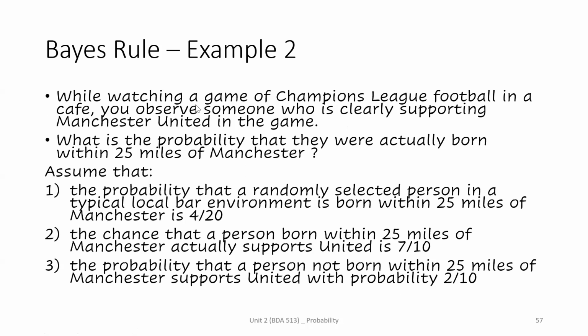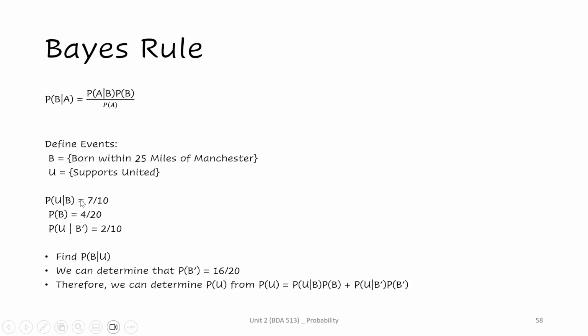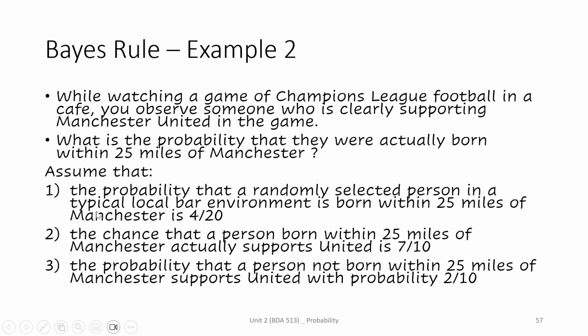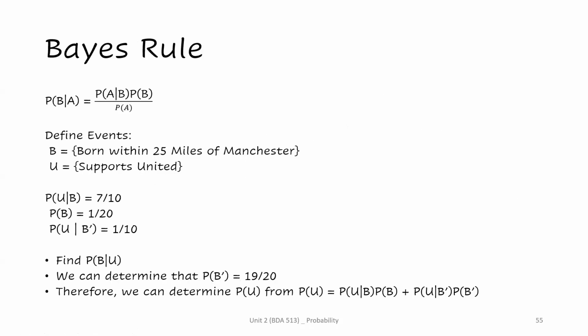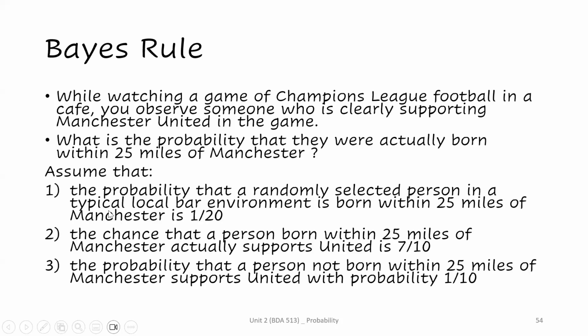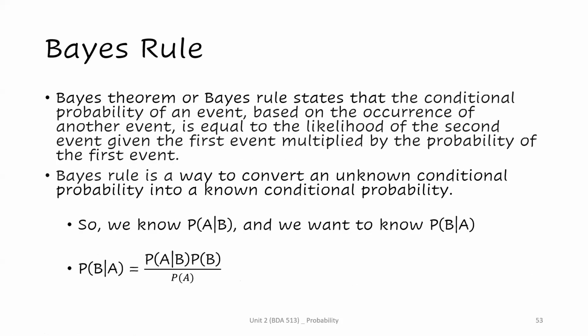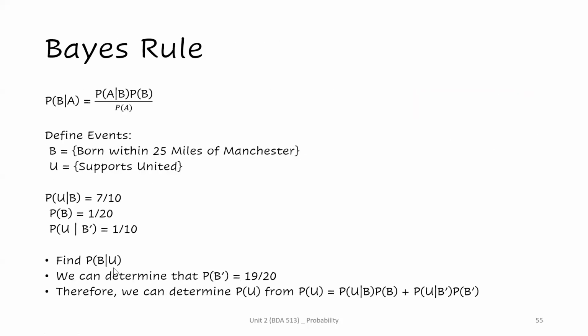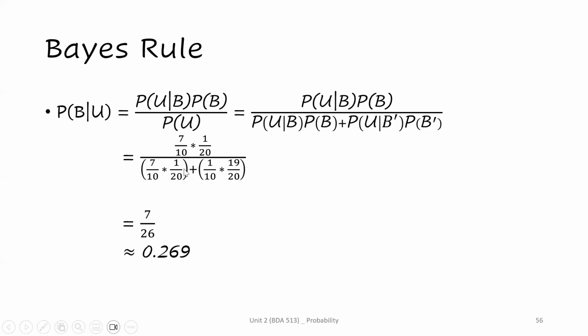The probability of B is 4 over 20. No, just a minute. No, it's 1 over 20. Okay, and then divided by the probability of U, those who support Manchester United.